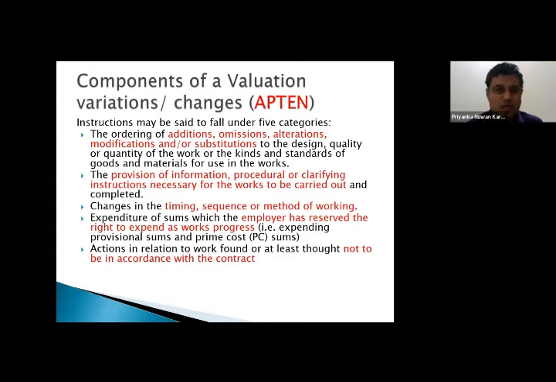Which is the bundle of documents forming the legal relationship of the contract, right? So if there is any provision or information, procedural, clarifying instruction necessary for the works to be carried out, if it is not there, right, that needs to be incorporated. Especially this comes in identifying the legal requirements of a country.